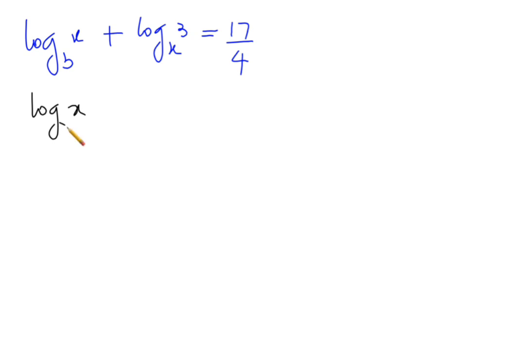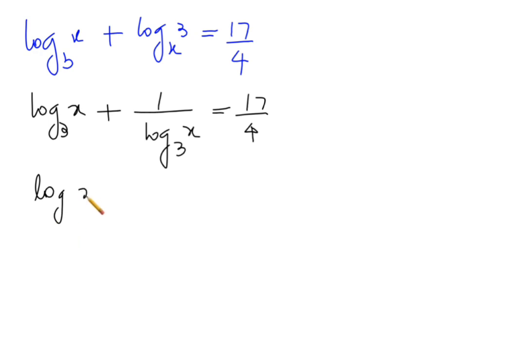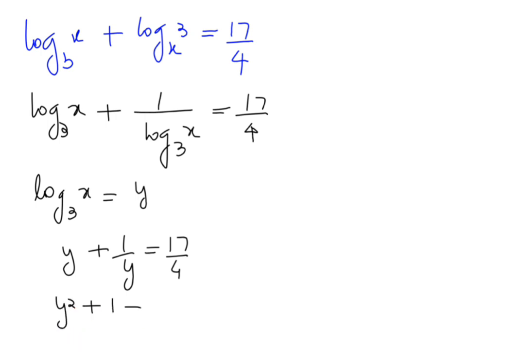Log of x to the base 3, and this I can write as 1 upon log of x to the base 3 equals to 17 upon 4. So now let's write log of x to the base 3 as nothing but y. So I will write it as y plus 1 upon y equals to 17 upon 4. This comes out to be a quadratic, which comes out to be y square plus 1 is equal to 17y upon 4.